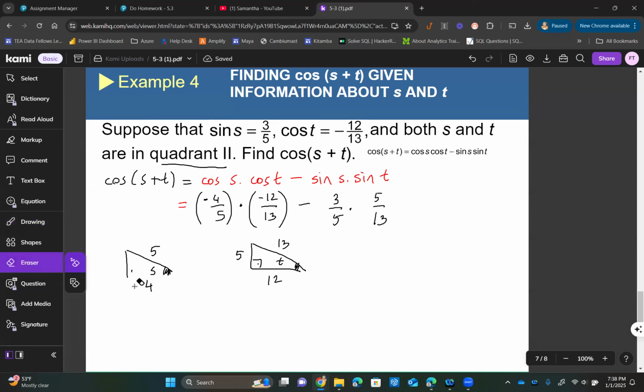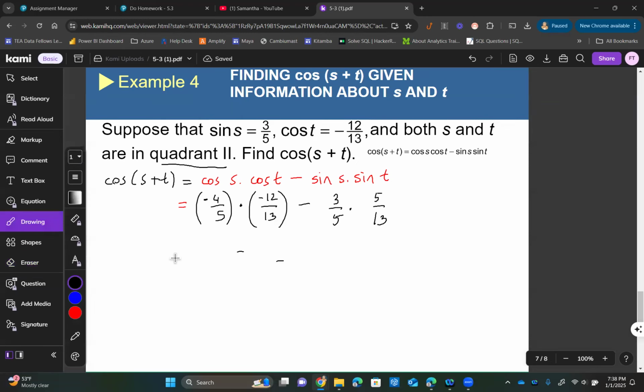Now, after finding out everything we need to apply the formula, the rest of it is just simplification. If we multiply these two fractions, negative times negative is positive, and now 4 times 12 is 48, and 5 times 13 is 65, minus 3 times 5 is 15, and 5 times 13 is 65.